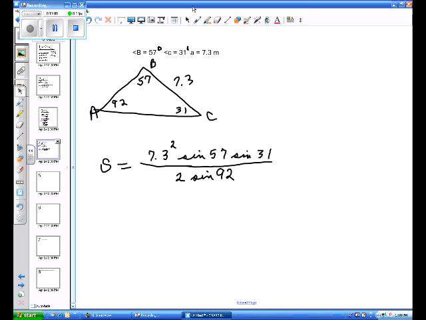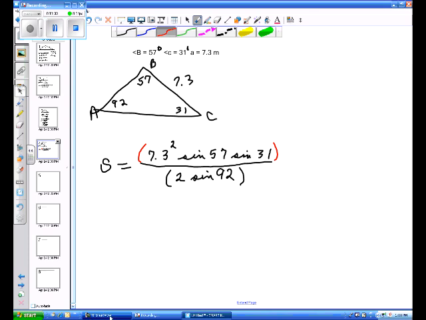Now, when we go to put this in our calculator, remember we're going to have to put the numerator in parentheses and the denominator in parentheses. And we also need to remember that our calculator will open this angle, so we have to close it.